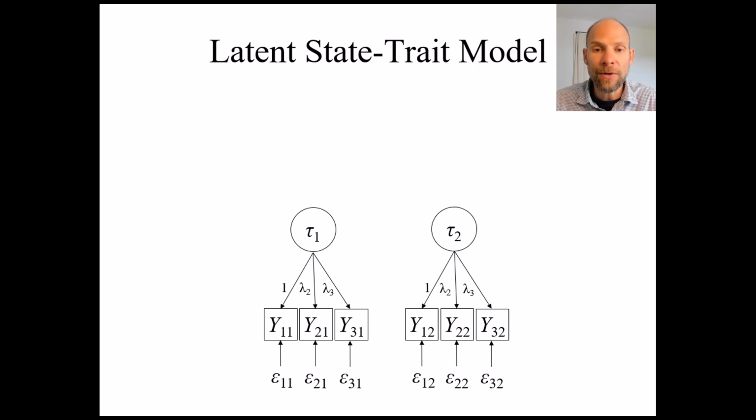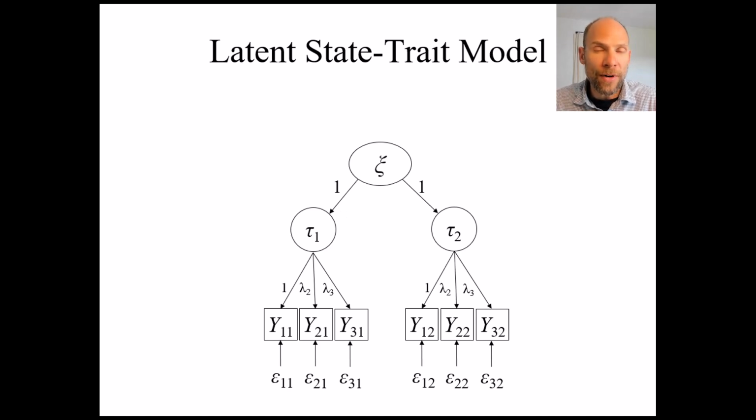In latent state trait analysis, we explain the correlations of the factors across time by trait factors, or by one trait factor in this case. In this parameterization of a latent state trait model, the trait factor Xi is a higher order factor that accounts for the covariance of tau1 and tau2 across time. And so it basically absorbs the stability in the data, the stability across time, and reflects that stability.